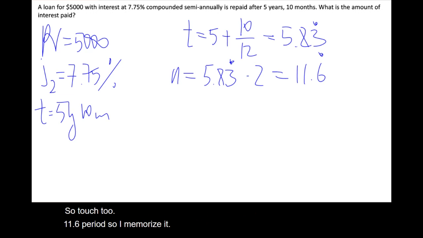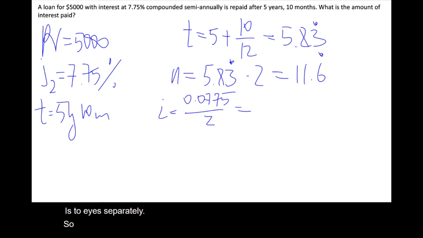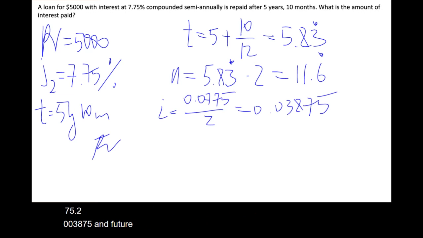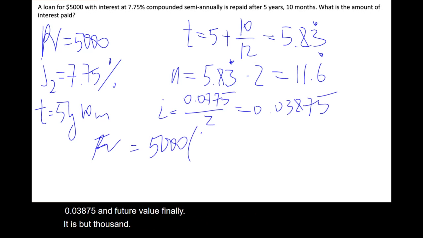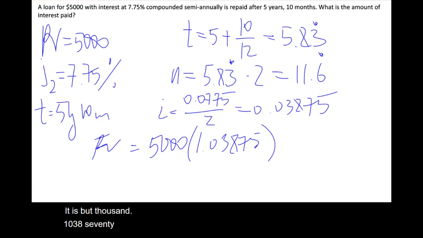Now let's do i separately: 7.75 over 2 is 0.03875. And the future value finally is 5,000 times 1.03875 exponent 11.6 periods. So let's calculate.